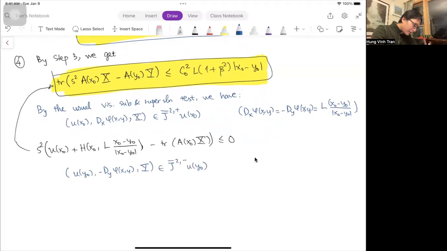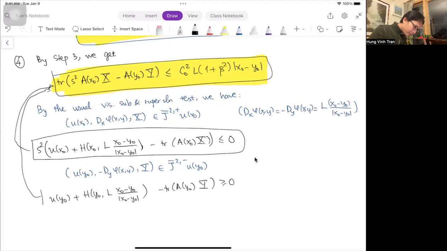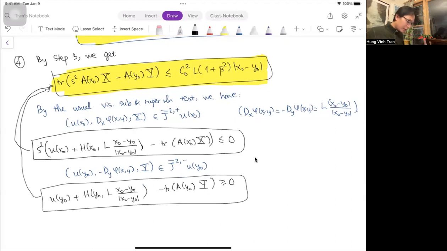Okay, then by the viscosity super solution test here, I have u y naught plus h of y naught, L times (x naught minus y naught) over its length, minus trace of A y naught Y is greater than or equal to 0. Okay, so this will also be combined with this. Yeah, maybe let's put boxes around them. Okay.